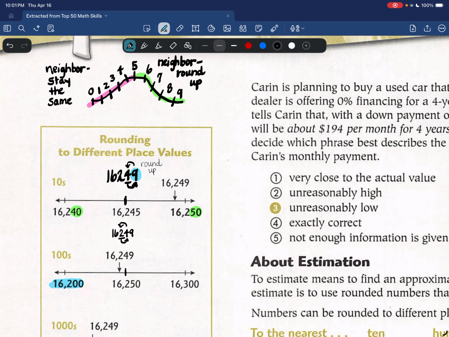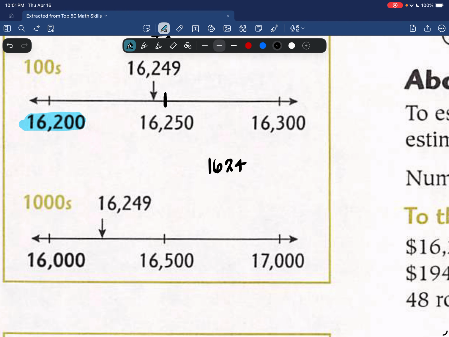Then if we want to round to the thousands place, so I take my number, 16,249, and I underline the thousands place. I look at the neighbor and apply the rounding rule. The neighbor is in that low end of the curve, so it's going to stay the same. So my 6 is not going to change. It will be closer to 16,000 than to 17,000.